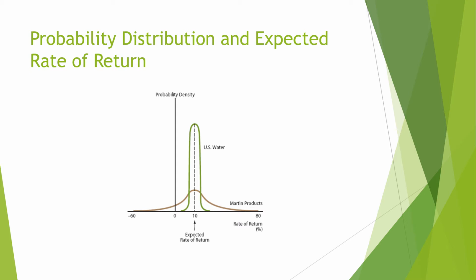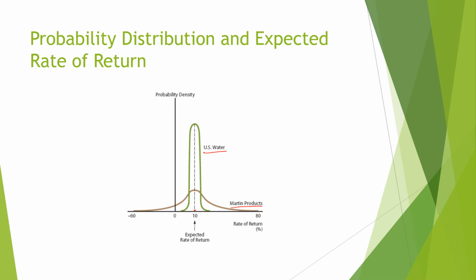Then this graph shows the risk. Risk is shown graphically here. This company's stock shows expected rate of return 10%. This company's stock also expected rate of return 10%, but possibility of this stock is wide, right?